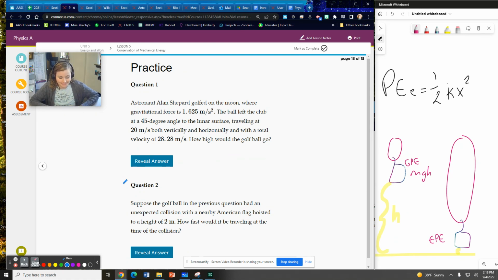In an elastic band, it's changing from elastic potential to gravitational potential, but the total amount of energy remains the same. In an oscillating pendulum, it goes from high potential to high kinetic, to high potential, to high kinetic, to high potential, to high kinetic, right? And you can use a little bit of trig to figure out how much actual energy there is.